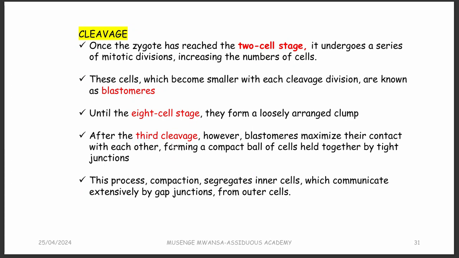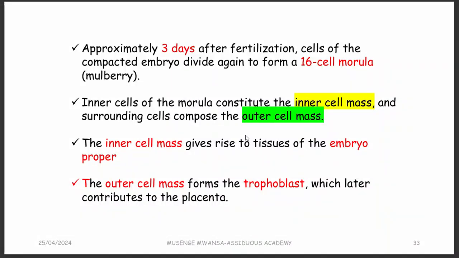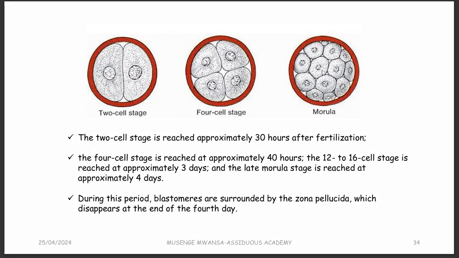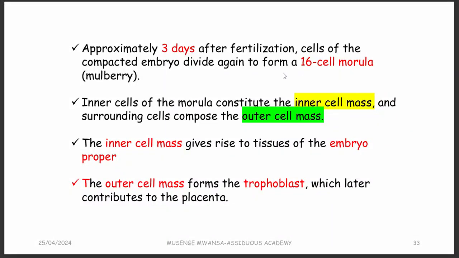After the third cleavage, blastomeres maximize their contact with each other, and that forms a compact ball of cells held by tight junctions. This process, compaction, segregates the inner cells, which communicate extensively by gap junctions, from the outer cells. So we have cells which are more inside and cells which are more outside.